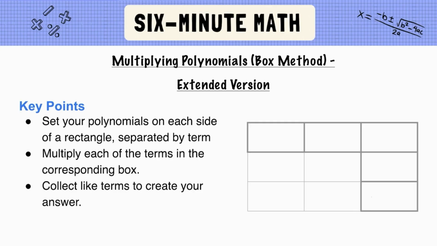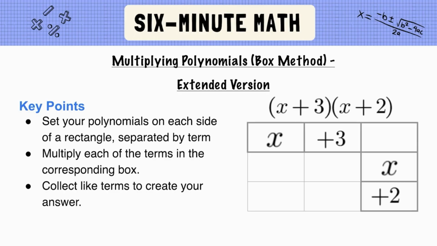Our key point is that we are going to set our polynomials on each side of a rectangle, separated by the term. If I look at our example here, we can put our x plus 3 separated by the term on top and x plus 2 separated by the terms on the right.